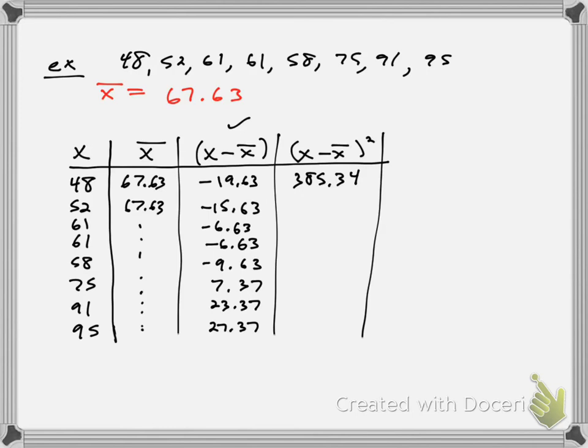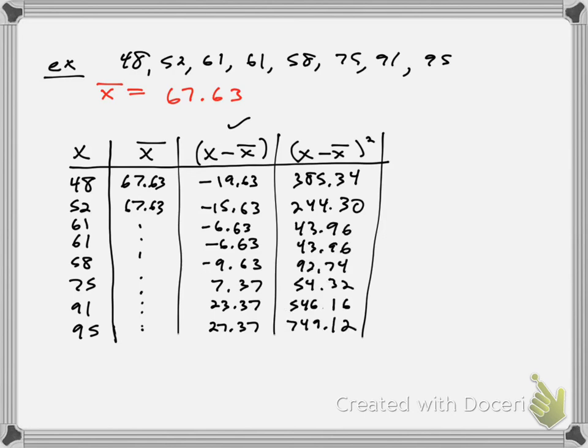Notice I'm ignoring the negative because when I square it, the negative will disappear anyway. That's 244.30. Okay, and this is how I would recommend you do this, by the way, is make a table like this. I'm going to fill the rest of this out here. Okay, I filled all that out now.